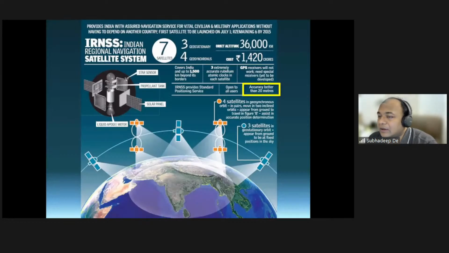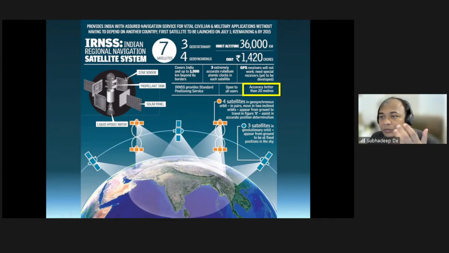Okay, and instead of GPS, India is going to have, or actually already has, its own satellite navigation system. It's called IRNSS, Indian Regional Navigation Satellite System, from our space research colleagues at ISRO, and they have 7 satellites in space, as you see here.